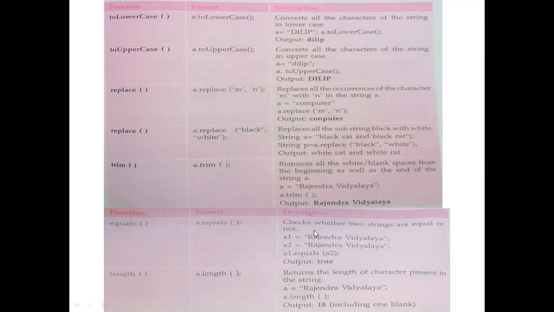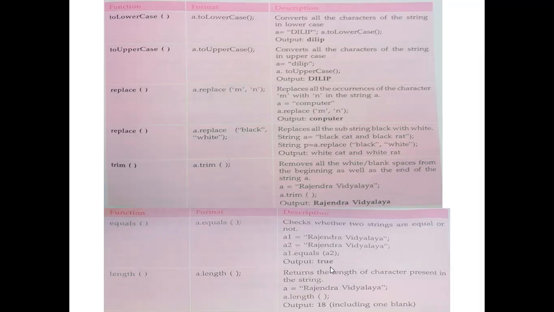Then a dot equals. See, A1 has Rajendra Vidyalaya, A2 also has Rajendra Vidyalaya, right? Both of them have the same thing. I want to compare whether these two string variables have the same content or not. Then I can use the equals function: A1, the first string variable, dot equals A2, the second string variable. Since both have the same thing in them, it returns true.